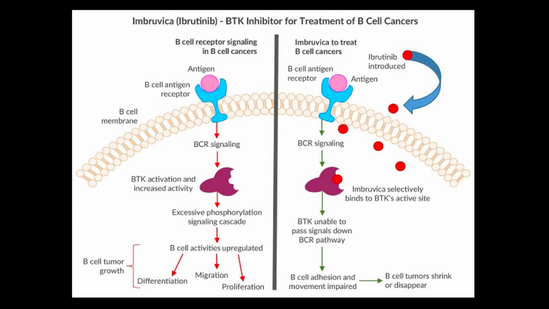On the left, you have the B cell receptor signaling through the BTK kinase, and ibrutinib might block that excessive phosphorylation. Ibrutinib might also block the ability of the B cell to serve as an antigen-presenting cell, which it does by capturing antigen with its surface immunoglobulin, internalizing it, and then upregulating its co-stimulatory molecules.